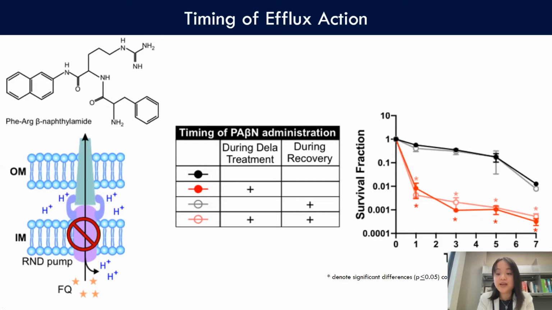And when PAβN is added after delafloxacin treatment is over, we saw that the survival of the population is comparable to cells that were treated with Dela alone, as you can see in the black and gray curves in the graph. So this demonstrates that these delafloxacin persisters from these slow and non-growing populations were dependent on efflux pump action during delafloxacin treatment.